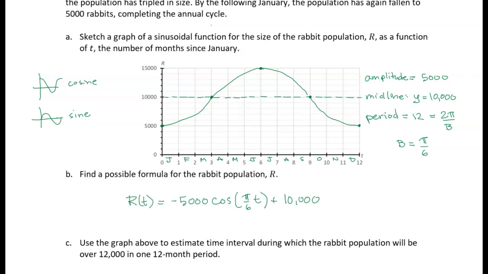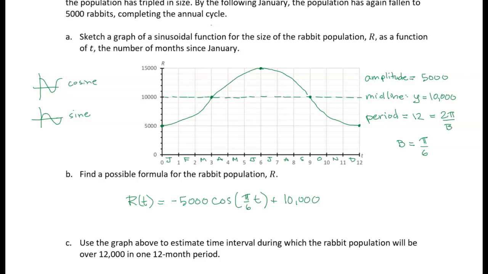Okay, and if you're not sure, you can always plug in some values. Like if I plug in 0, I should get 5,000, right? So cosine of 0 is 1, right? So when t is equal to 0, this term becomes minus 5,000 and then plus 10,000, which gives me the 5,000, right? If I put in 6, I get 6 pi over 6, which is just pi.